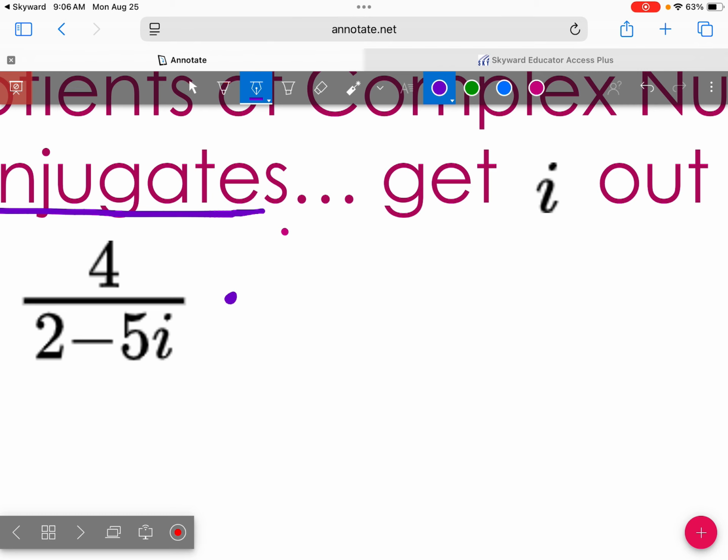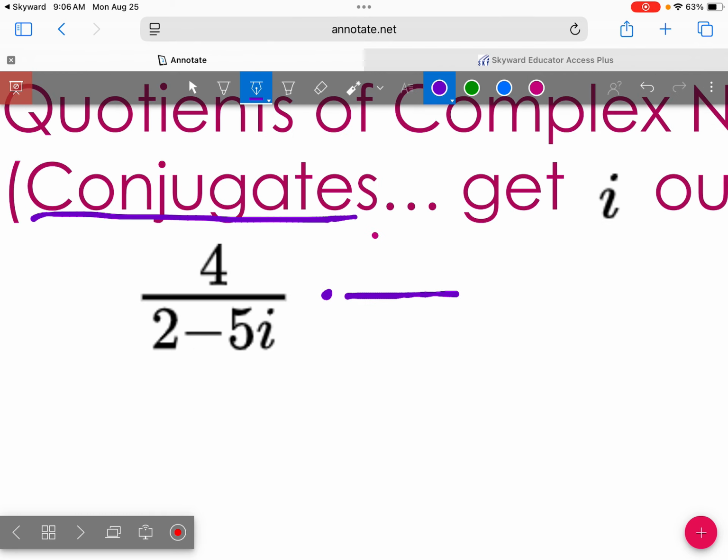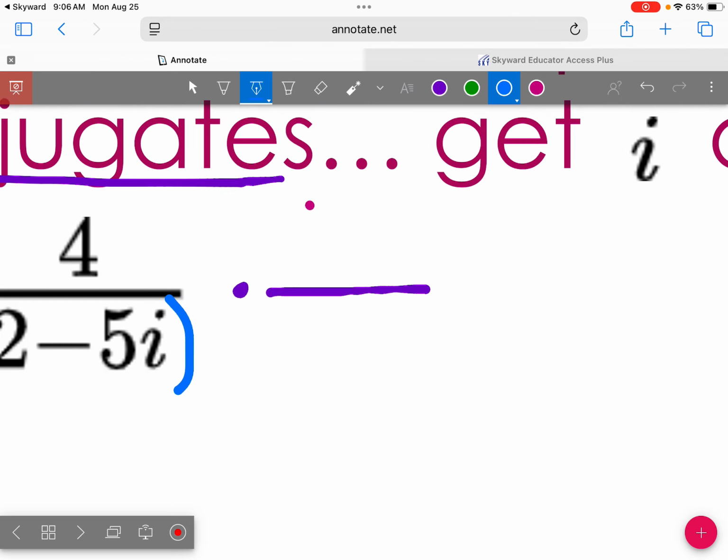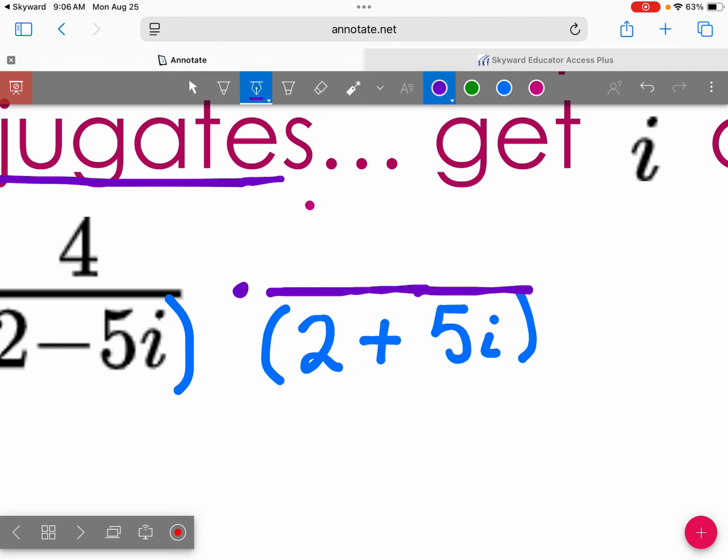So when we're multiplying by our funny-looking 1, we're going to use what we already have in the denominator, our 2 minus 5i. But we're going to use those same terms, our 2 and our 5i, but instead of a minus, we use a plus. And since we don't have an equal sign here, we have to multiply by a 1. I do not have an equal sign that I can do the same thing on both sides.